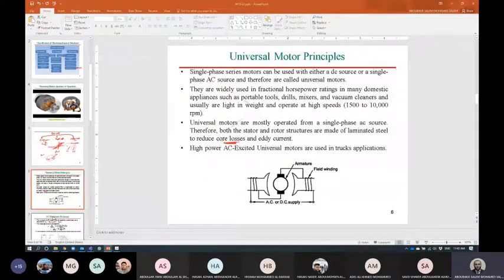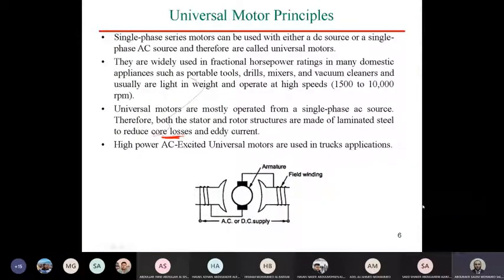So now for AC supply, you have core losses. It's not like DC motor now. So you have eddy current loss. For that, shabab, we prefer to make the core in laminations. Why in lamination? Because lamination will reduce the eddy current loss. So this will minimize the eddy current loss and hence reduce the overall core losses and lead to higher efficiency.